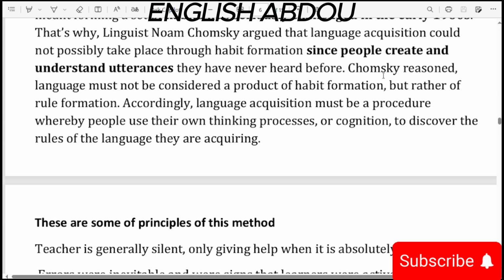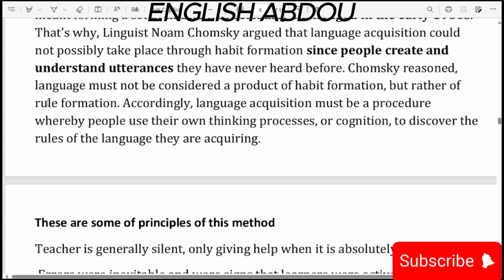Okay, Chomsky reasoned that language must not be considered a product of habit formation, but rather of rule formation. Accordingly, language acquisition must be a procedure whereby people use their own thinking processes or cognition to discover the rules of the language they are acquiring.